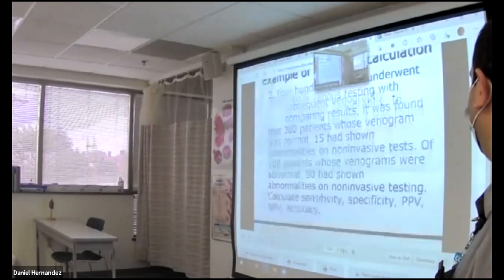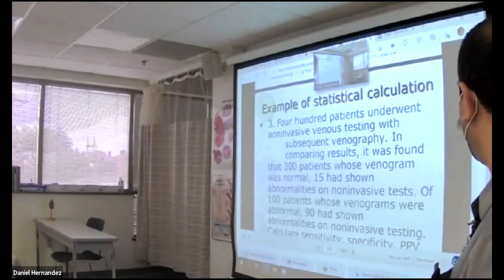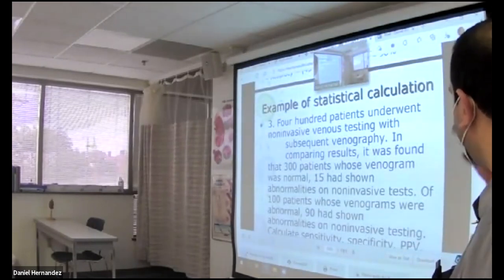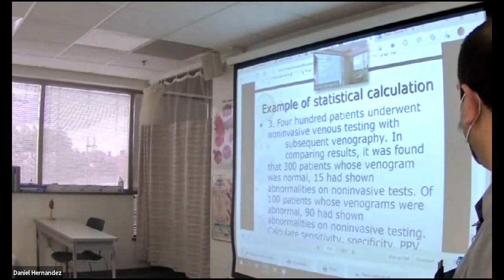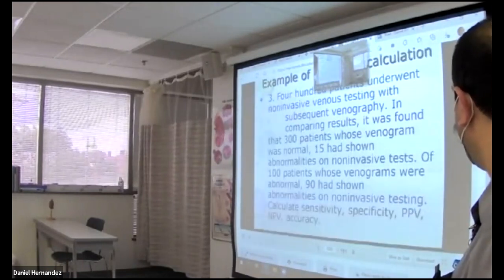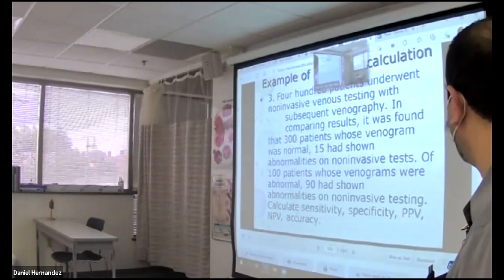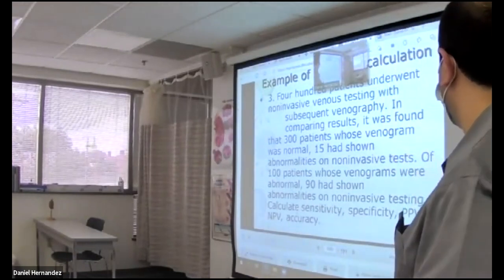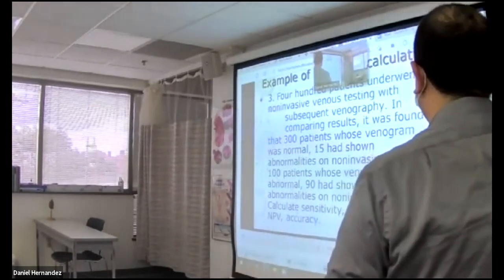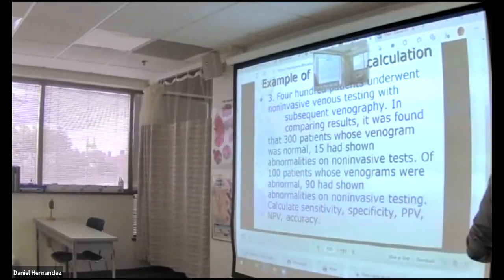Yeah, this is better. 400 patients underwent invasive venous testing with subsequent venography. Comparing results, it was found that 300 patients had a normal venogram. 15 had shown abnormalities on non-invasive tests.